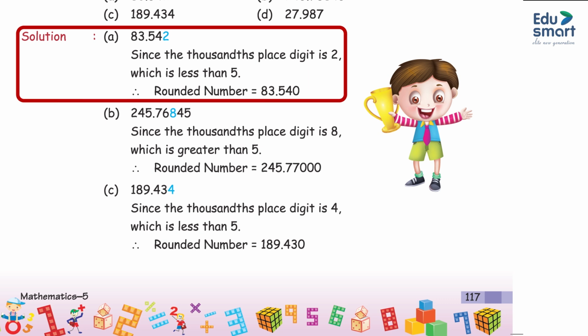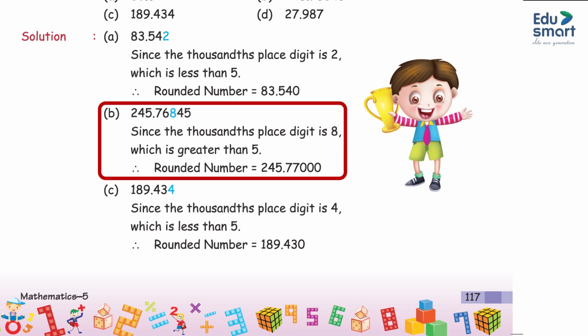27.987. Solution. A: 83.542. Since the thousands place digit is 2, which is less than 5, rounded number 83.540. B: 245.76845. Since the thousands place digit is 8, which is greater than 5, rounded number 245.77000.